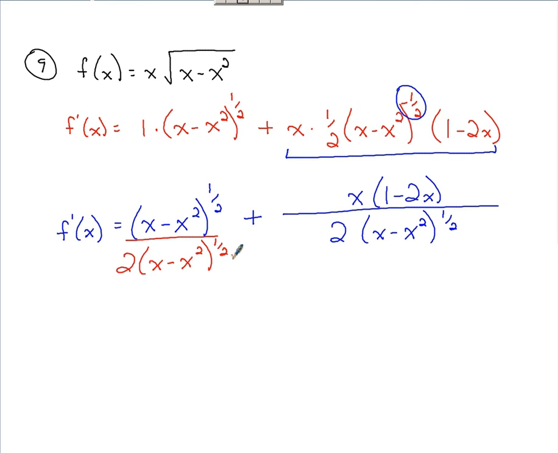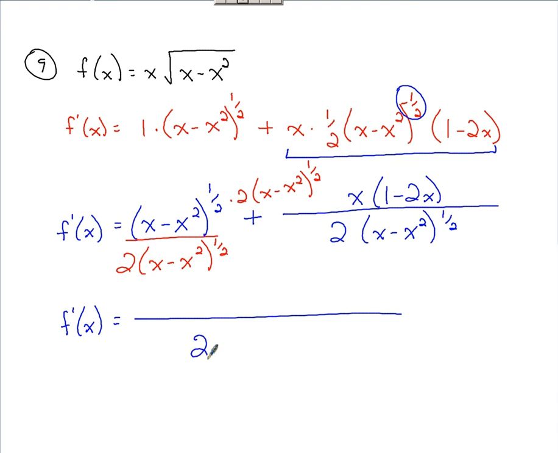If I'm going to put that down here, then I also need to multiply it to the top. The next step, I can put this together as one fraction over this common denominator I've created of 2 times that quantity of x minus x squared to the 1/2.